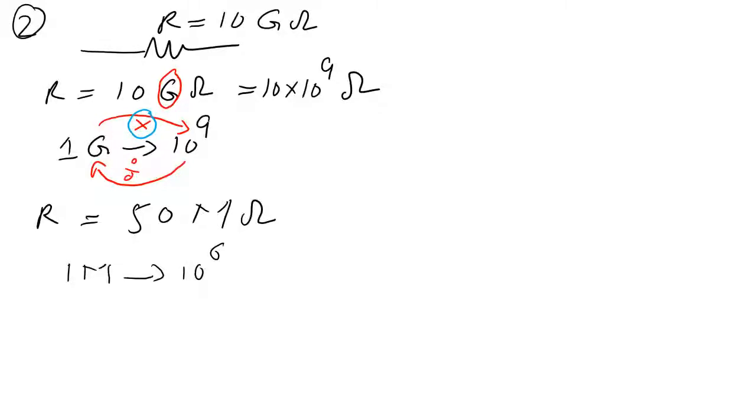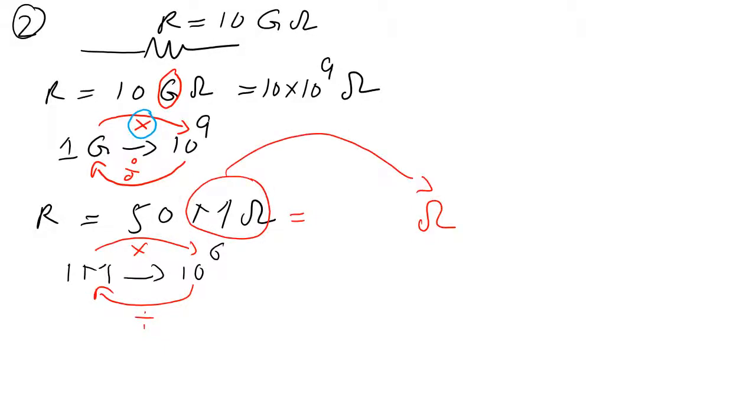So now if you have to change this mega to the number, you have to multiply, and if the number is given and you have to change to mega, you have to divide. So here this is the ohm, so this mega ohm you have to change to ohm. Here we will multiply, we are changing this mega to the ohm, so we will multiply here. So our number is 50, so it will be multiplied by 10 to the power 6. So in this way we can change.